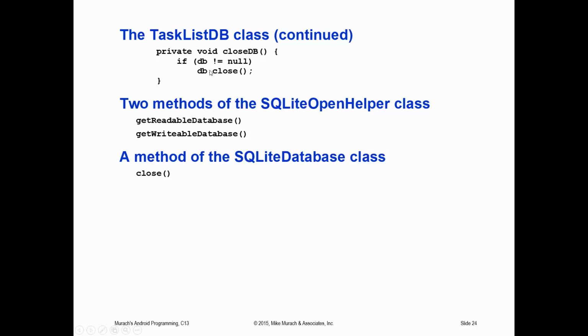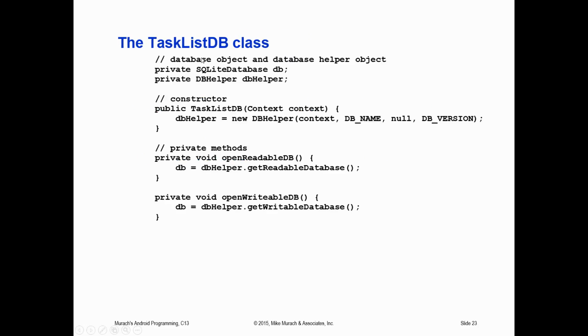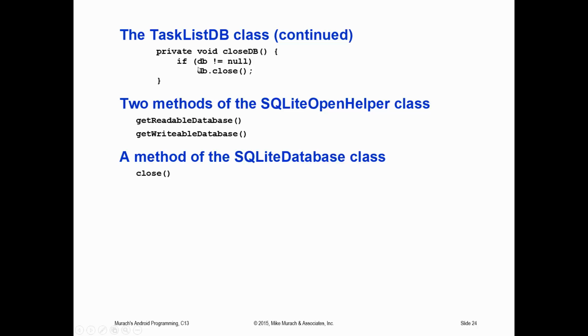Finally, we've got a close DB method, and the close DB method basically begins by checking to make sure that the object exists. It's considered best practice to do this. So the get readable database opens a connection that's read-only. The get writable database opens a read-write connection. Finally, the close method closes the connection. Within a database class, you use these private methods for opening and closing a connection to the database.